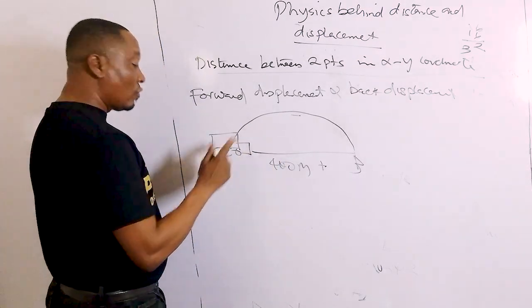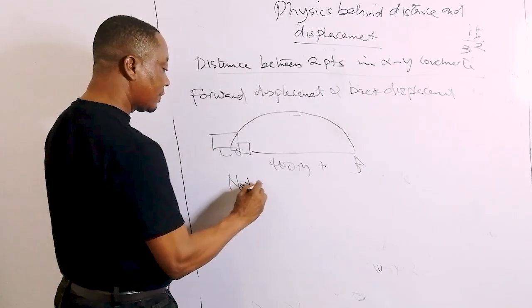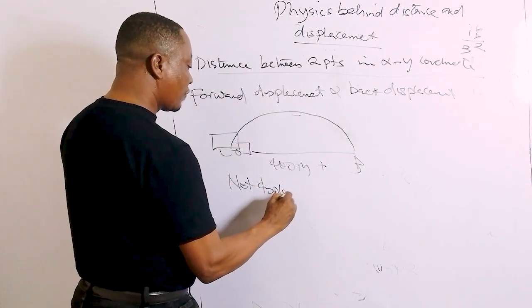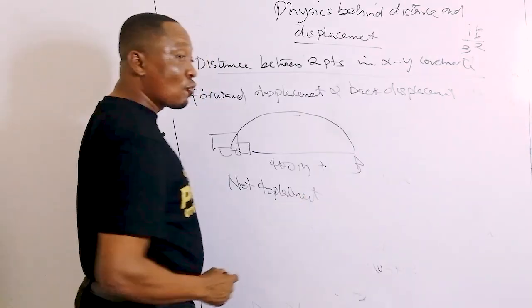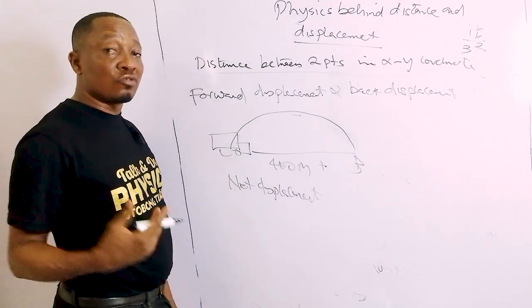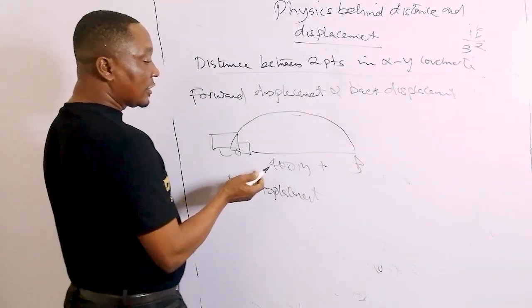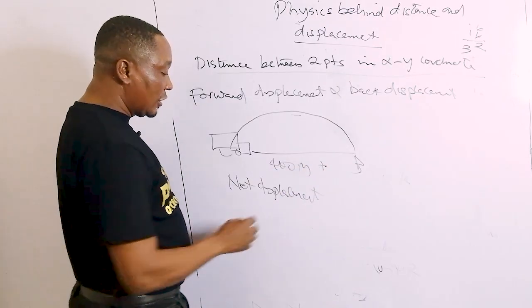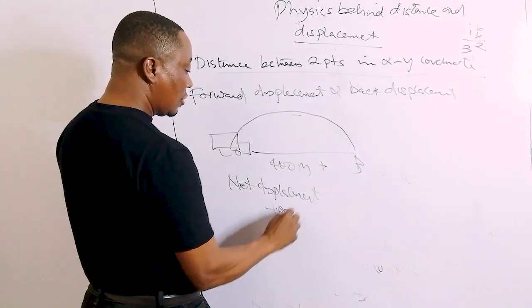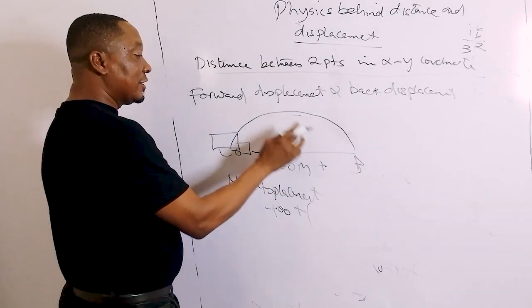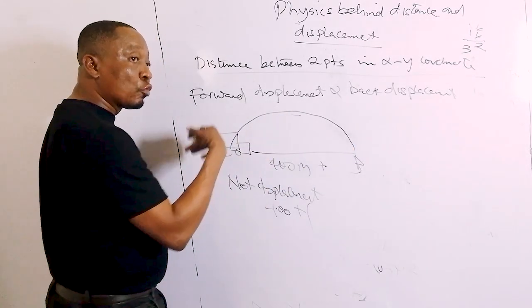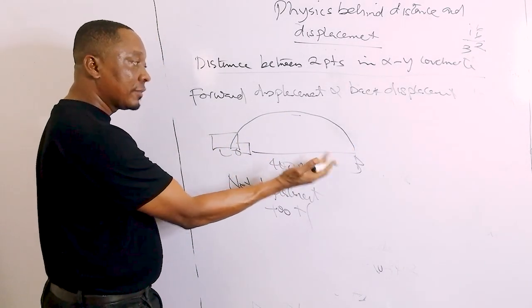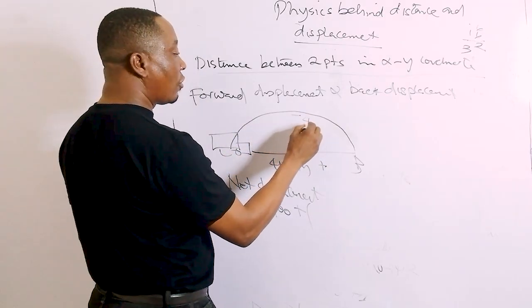So we are going to calculate the net displacement. If you have been asked in your JAMB or WAEC, what is the net displacement of a car traveling? The forward displacement is plus 400, because it is the same distance it takes to return back; nothing has decreased. This is still 400.